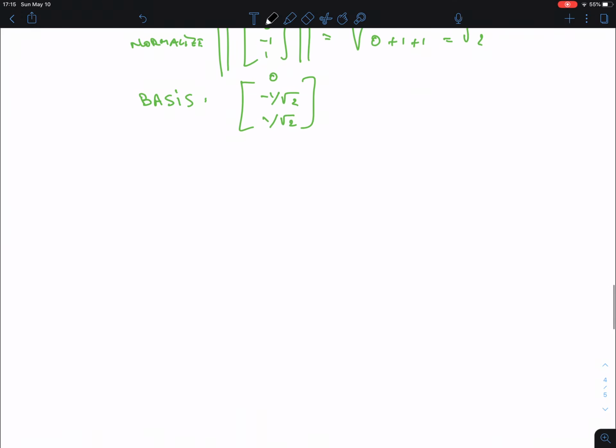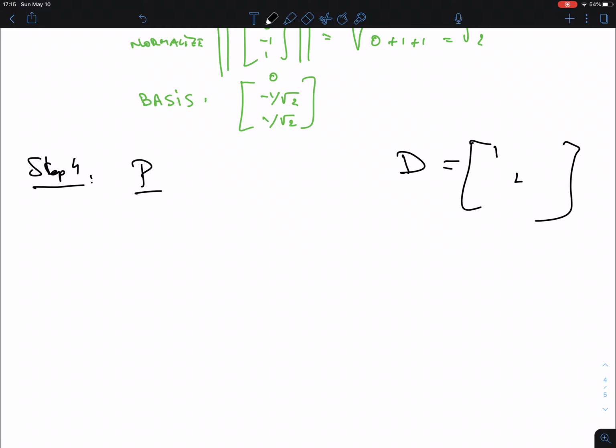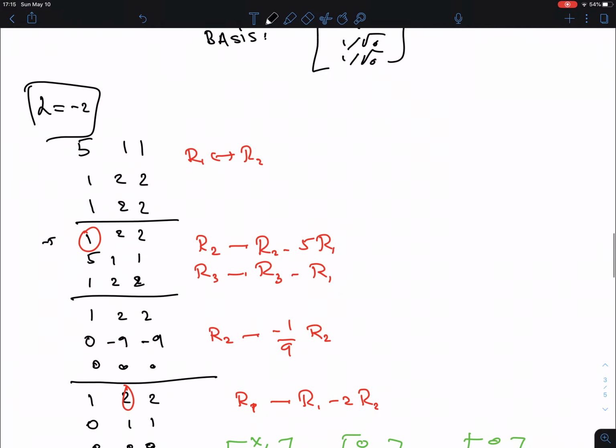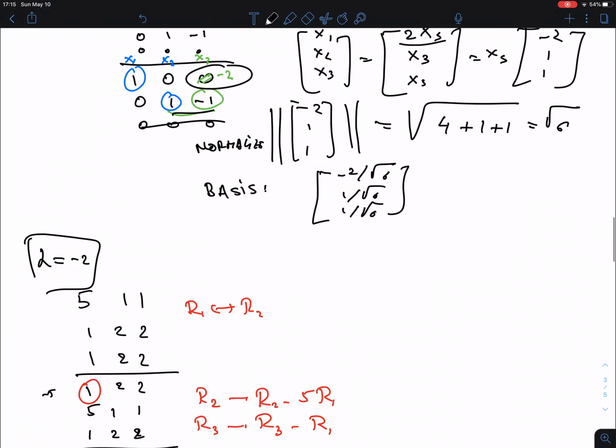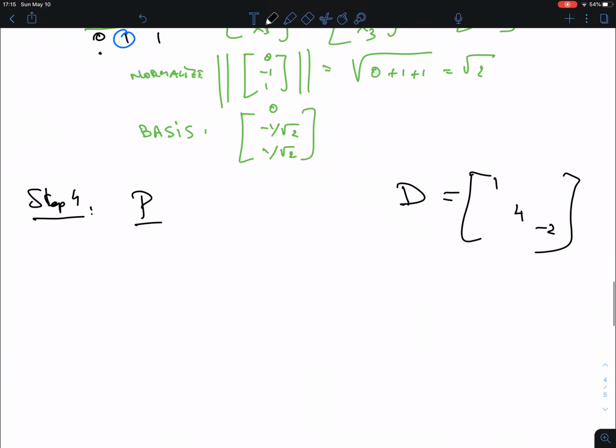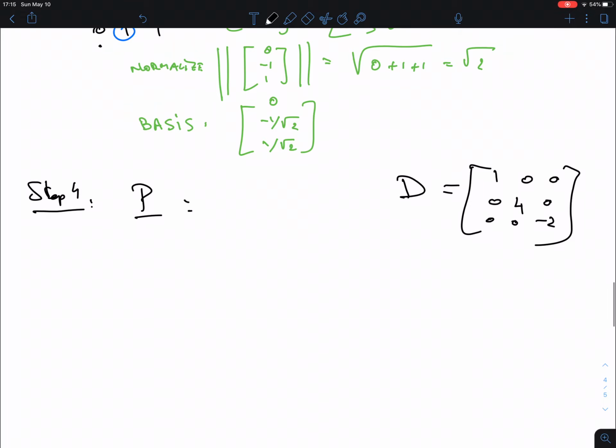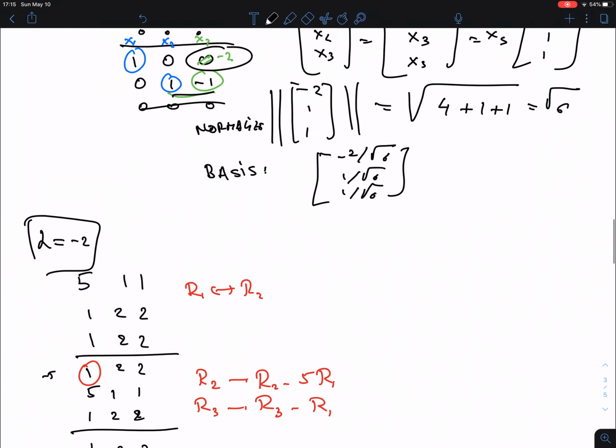Okay, so step 4, I guess. We are almost there because we can write down what P is and we can write what D is. In the order that we worked it out, I think it was 1, 4, and negative 2, right? Let me double check, yeah. Okay, so that is going to be our diagonal matrix. So what is P now? Well, P is the corresponding basis vectors that we have.